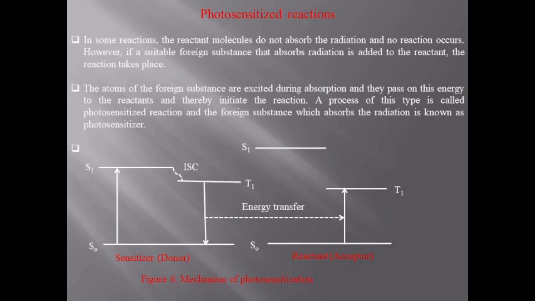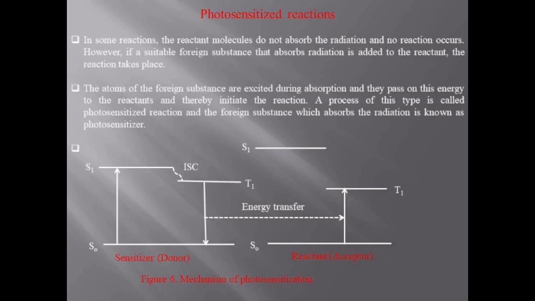A process of this type is called a photosensitized reaction, and the foreign substance which absorbs the radiation is known as a photosensitizer. The figure is an illustrative example. Here sensitizer means donor and reactant means acceptor.